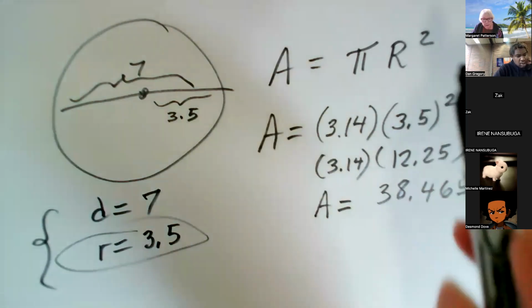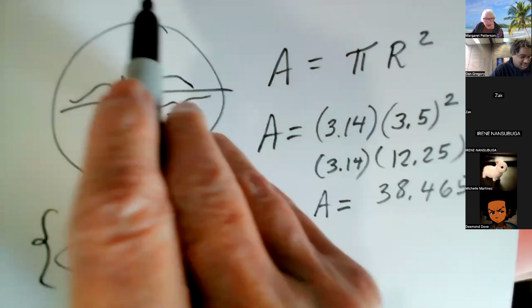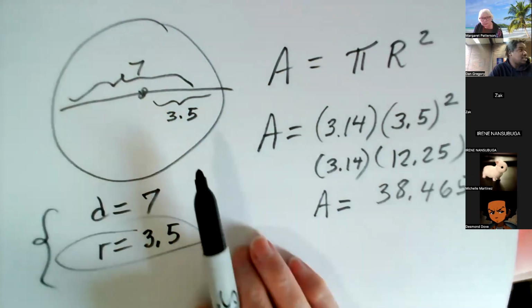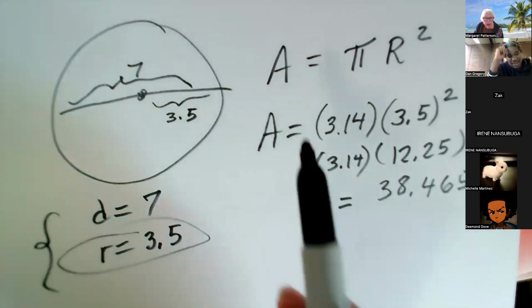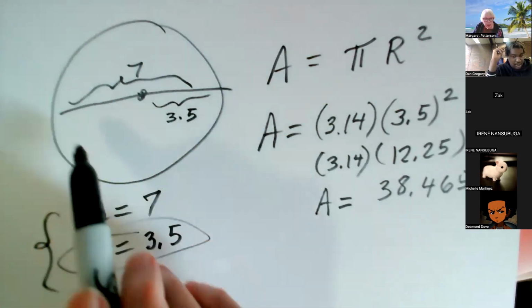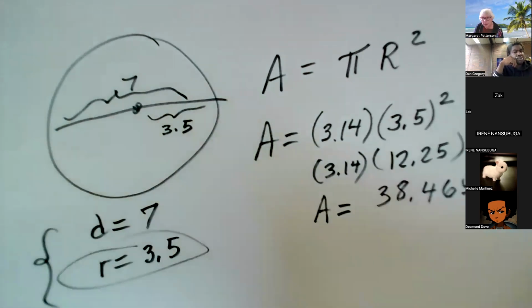You've got the proper formula and it's ready. And then you do it. So it is possible to find the area of a circular patio or something like that, and there's a formula to do it. Somebody figured it out for you, so that's pretty good.